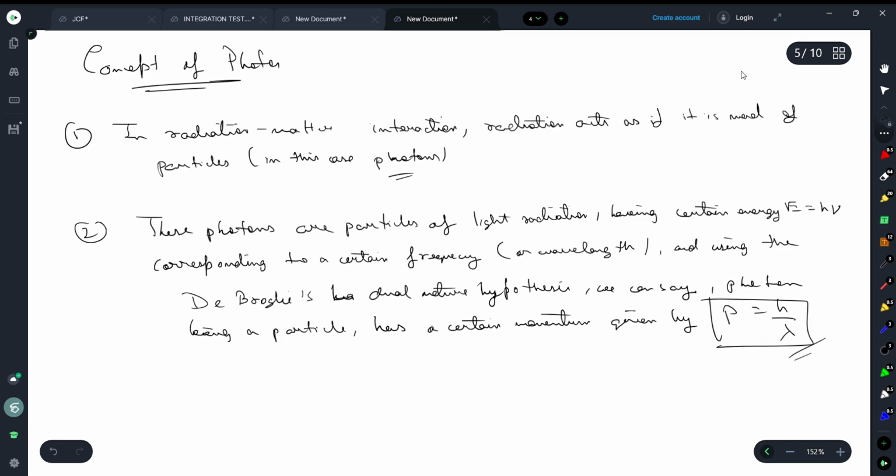We will discuss the de Broglie's dual nature concept a bit later.